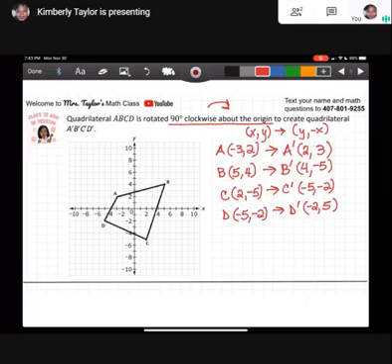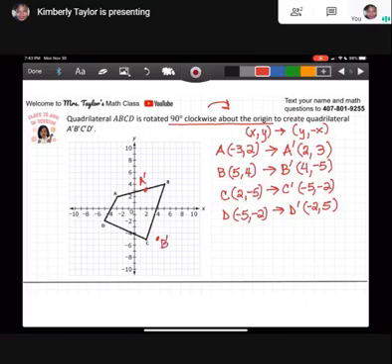Let me pick a different color. I can use red. Let's go ahead and plot these points. A prime is going to be at 2 and 3, so I'll put a dot here and label it A prime. B prime is going to be at 4 and -5, and that is here.